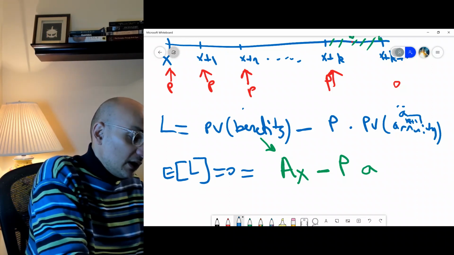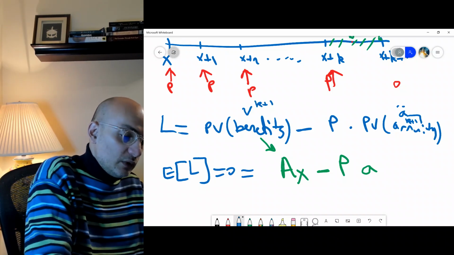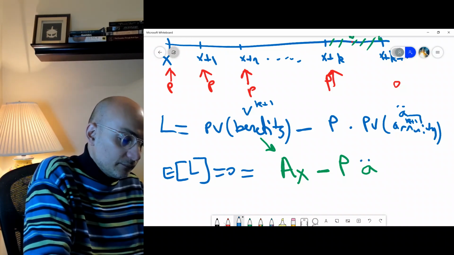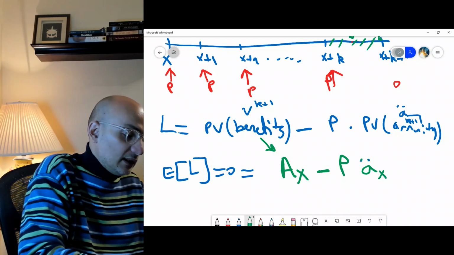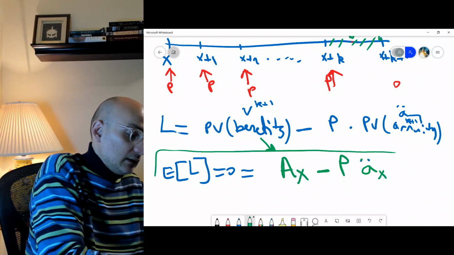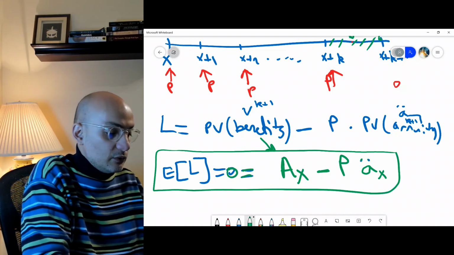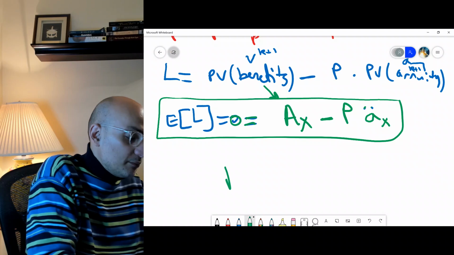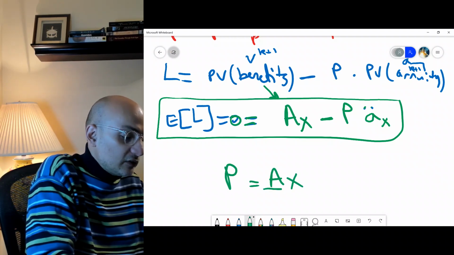This one, it was v^(K+1), right? The expected value of v^(K+1) is A_x, and this one will become ä_x. Now here is x, because we evaluate at time of x, right? This is 0. Now it's set equal to 0. Now we need to solve it. Then the premium is equal to A_x discrete over ä_x.